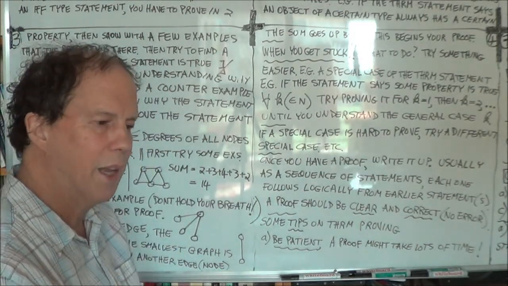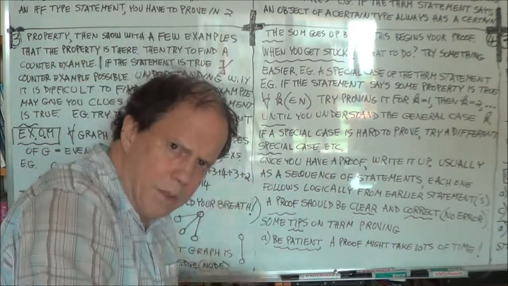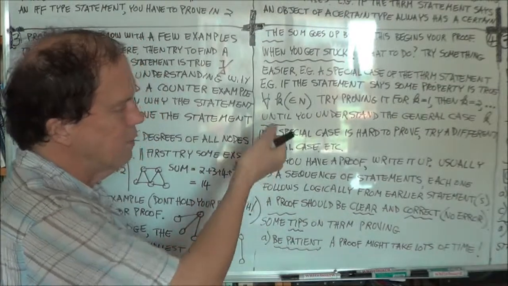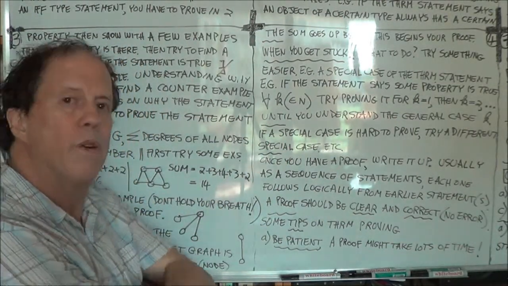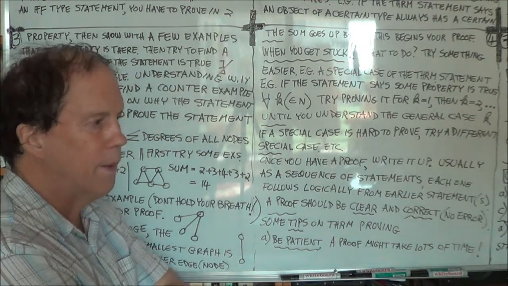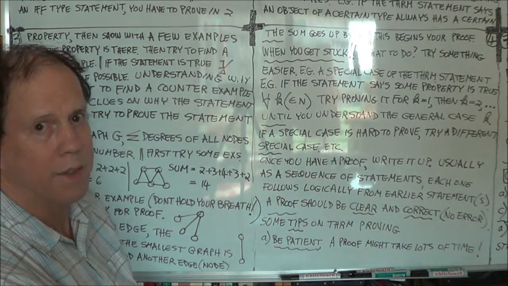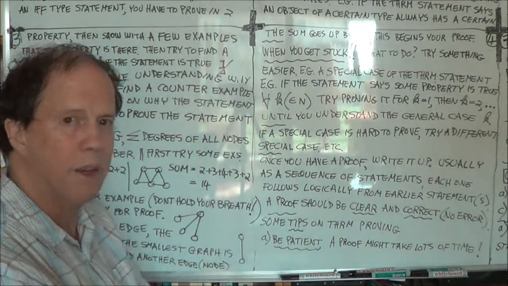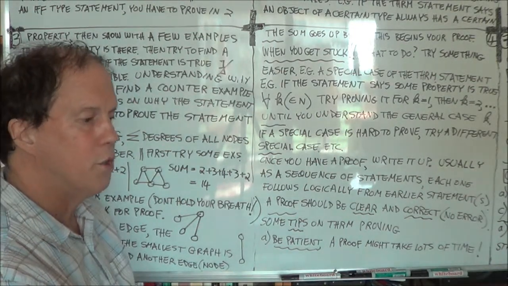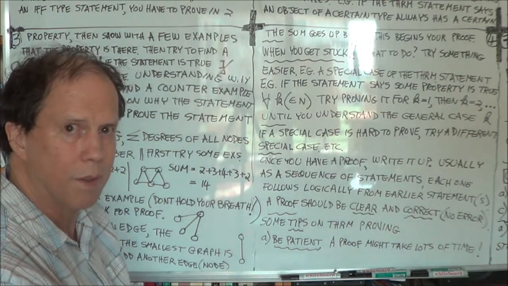There's no mechanical, just crank the handle to churn out proofs mechanically. It's not as simple as that. But there are guidelines, experiences that experienced mathematicians can pass on to junior mathematicians, like professors to their PhD students, that kind of thing.